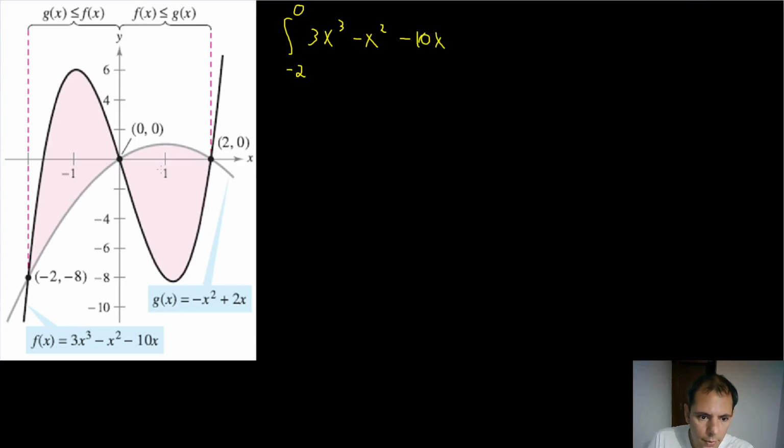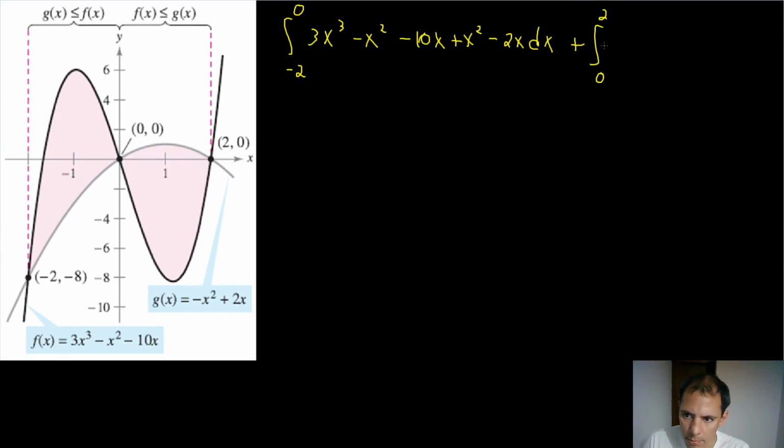And then you have to do minus the other one, so it's going to be plus x squared minus 2x dx. And then you do a plus. Yeah, this is going to be ugly. Plus the integral from 0 to 2, right? Yeah, the other way around.